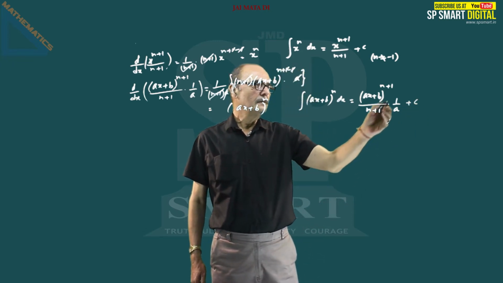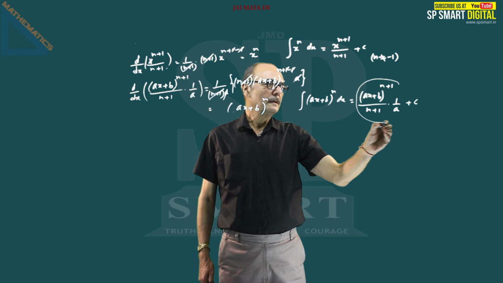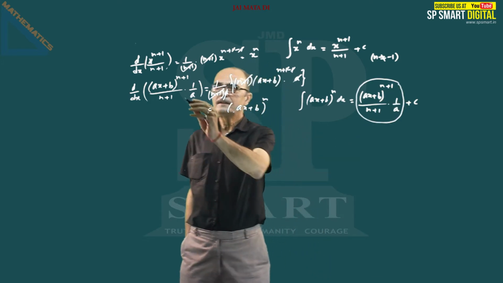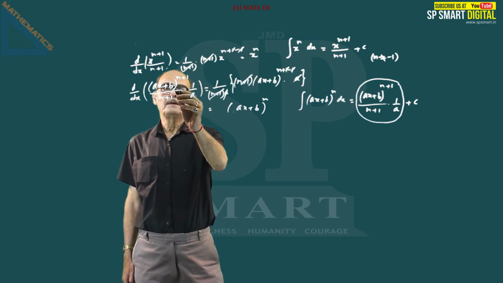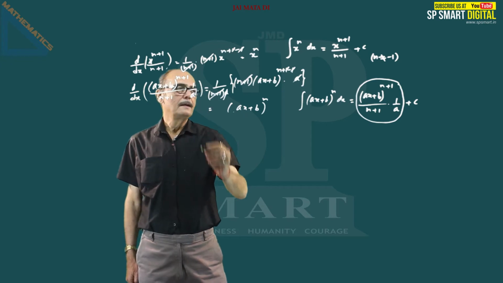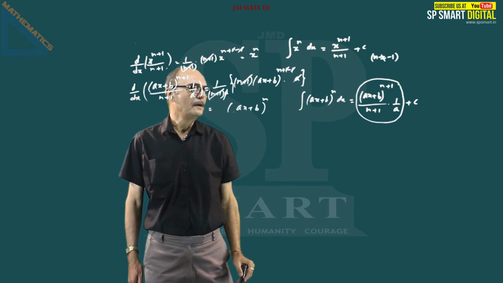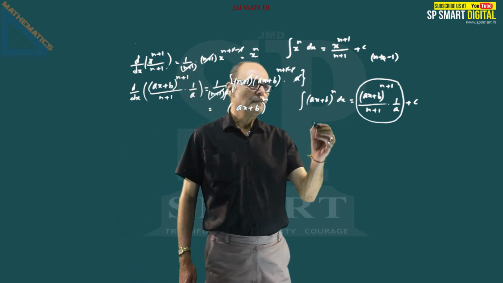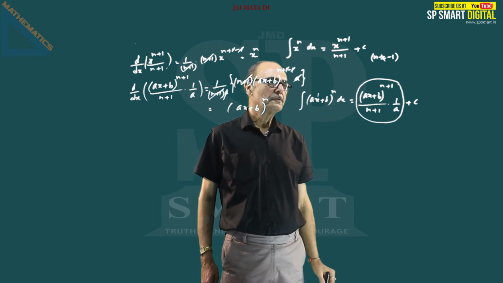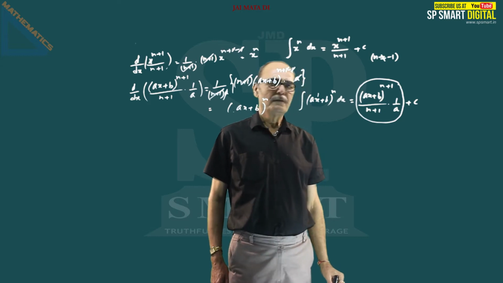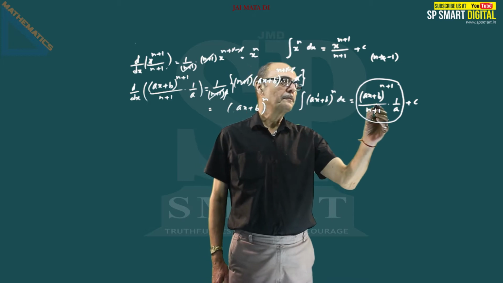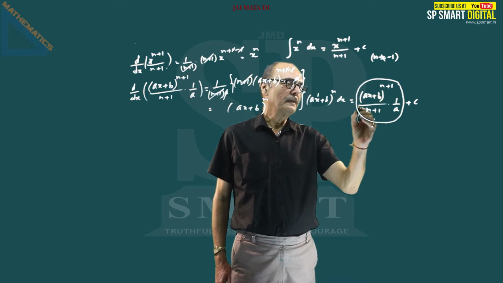If we observe that this quantity was obtained by differentiating this ax plus b raised to power n plus 1 upon n plus 1 into 1 by a. So, if it is a linear function, that means ax plus b raised to power n d of x equals to ax plus b raised to power n plus 1.